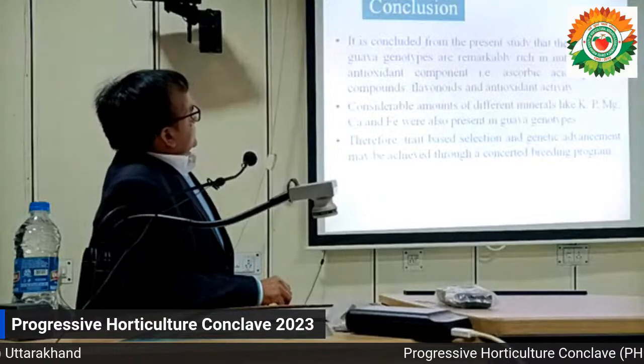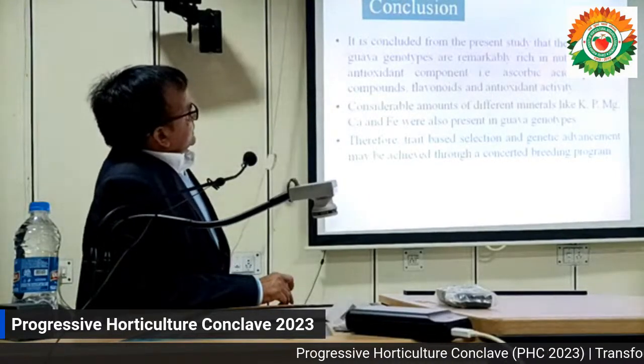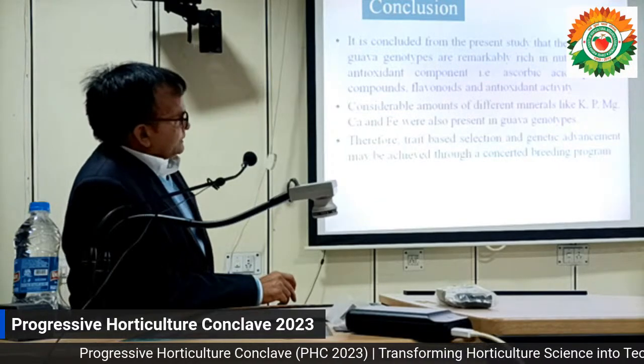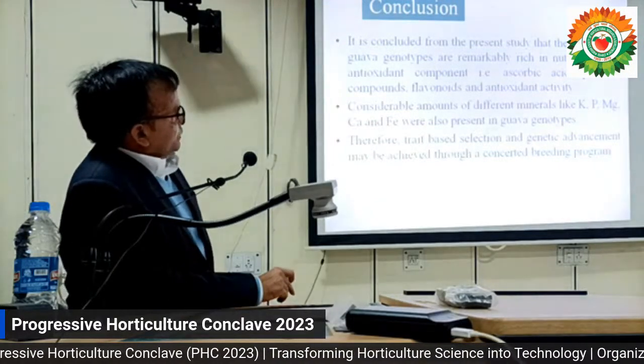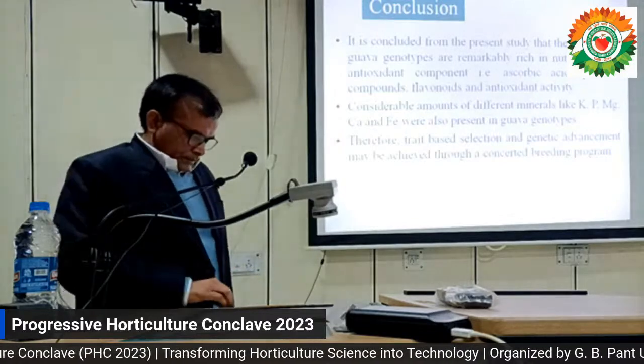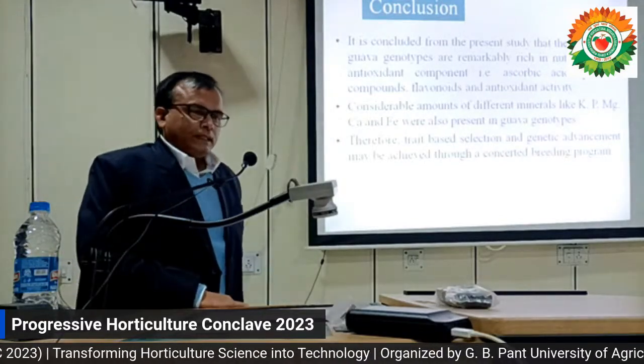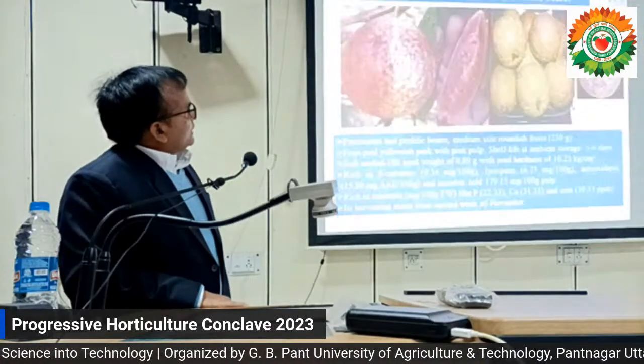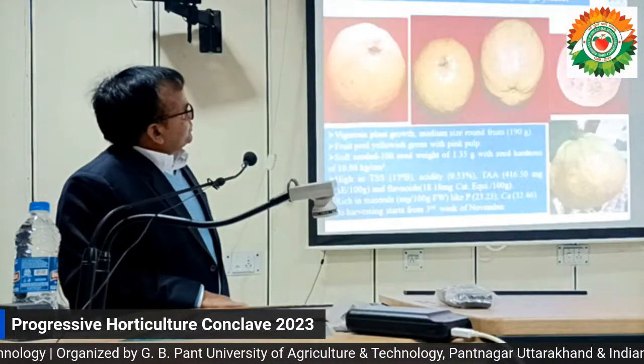In conclusion, we can say from the present study that the red flesh guava genotypes are remarkably rich in nutritional and antioxidant components. These genotypes we not only characterize but also use in different breeding programs for getting good results.